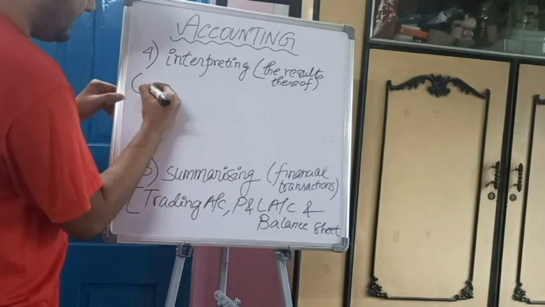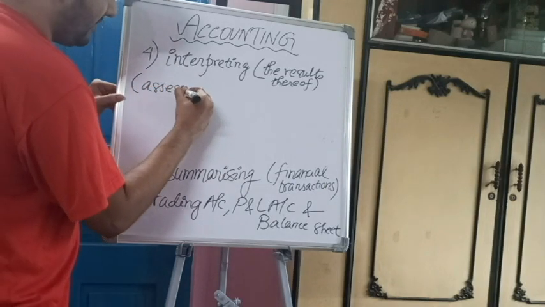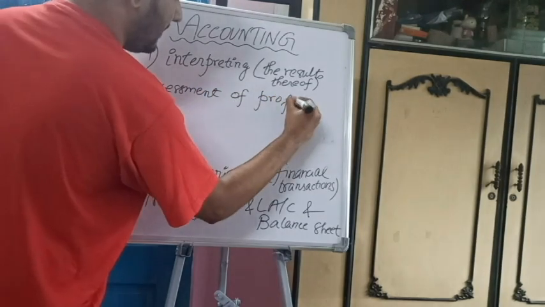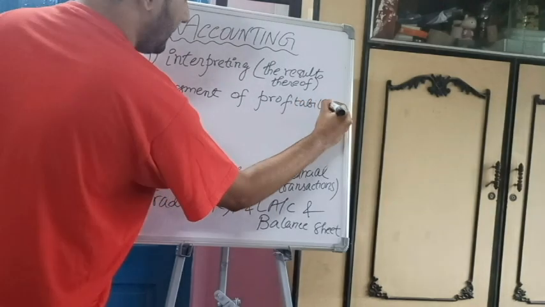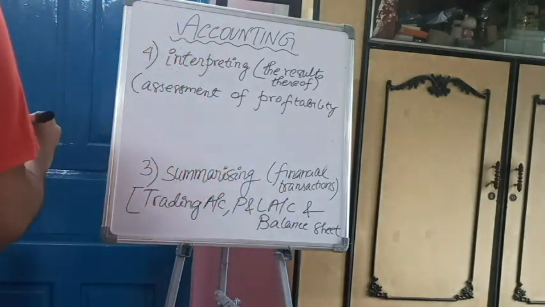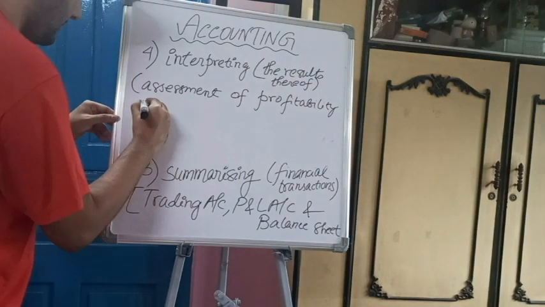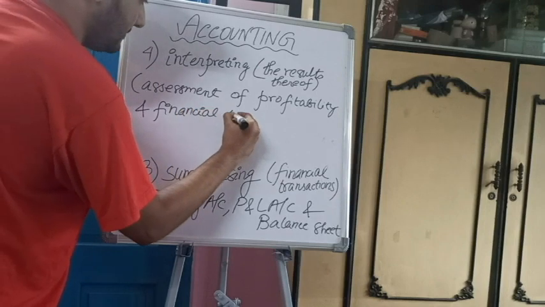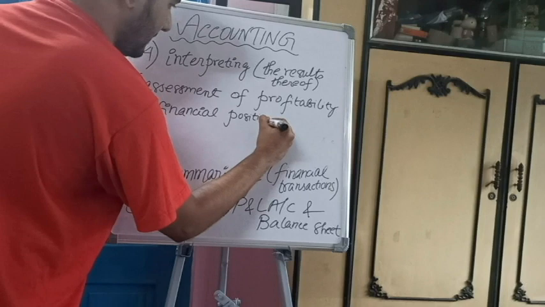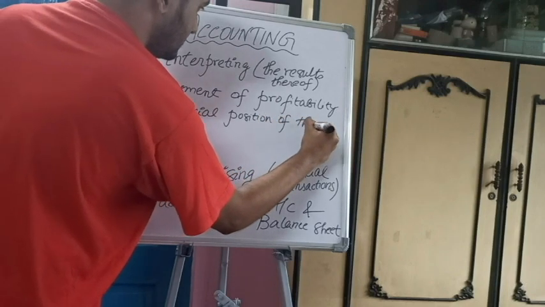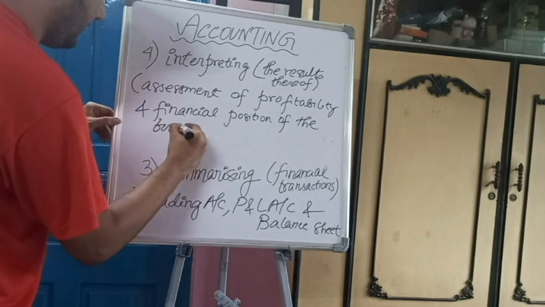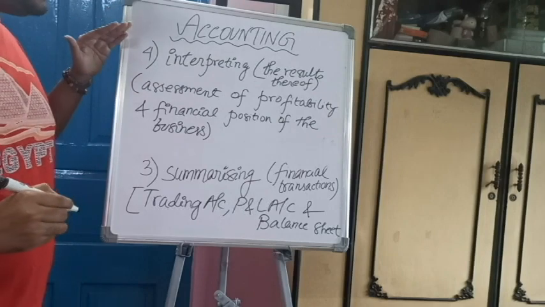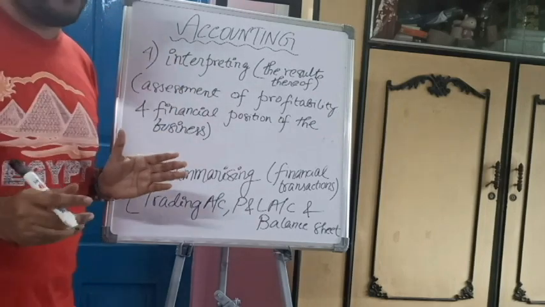What does that involve? In short, assessment of profitability and so the fourth step is interpreting the results thereof.